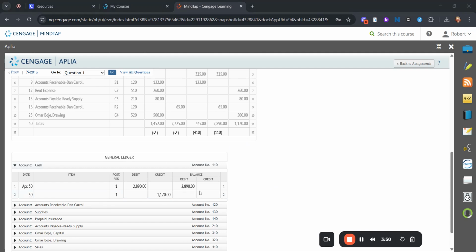Our balance was $28.90 debit, and now we've got a credit entry, so we've got to subtract. So minus $11.70 for a new debit balance of $17.20. Now all we have left to do is put the account number at the bottom of this column, 110.